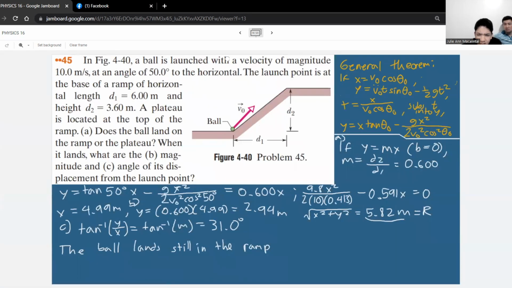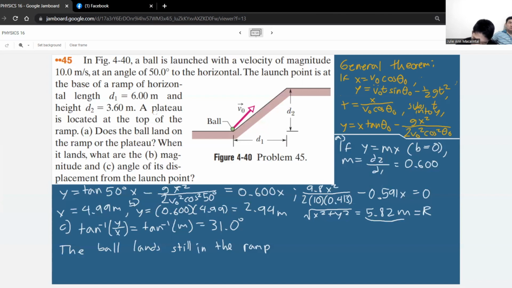Now, look at the problem. What's the length of the ramp? It's going to be the square root of 6 squared plus 3.6 squared. Right? Sorry, the square root of 6 squared plus 3.6 squared.